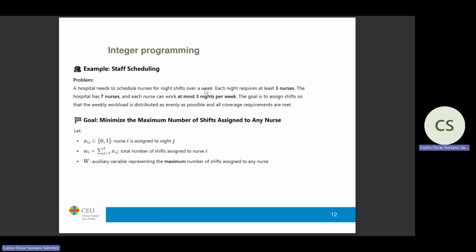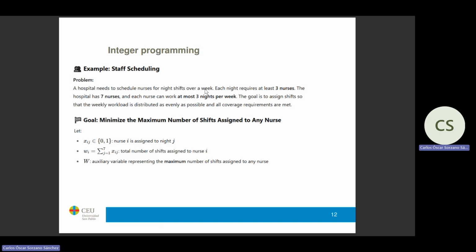Let's say that we define some variables that we will call xij. xij will take value 0 or 1, and takes 1 if the nurse i is assigned to the night j. Then what is the total number of shifts assigned to a nurse? It is the sum over all days of the week for that nurse, and we will call it the workload of i.